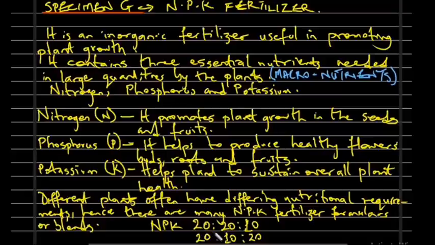We can see this one that is written here, 20-20-10. It means that the ratio of the nitrogen is 20, the ratio of the phosphorus is 20, and the ratio of the potassium in this particular one here is 10. For this second scenario here, we are starting with the nitrogen to be 20 and the phosphorus is 10 while the potassium is 20. So it depends on the nutritional need of the plant that it is being applied to that you have the formula being made.